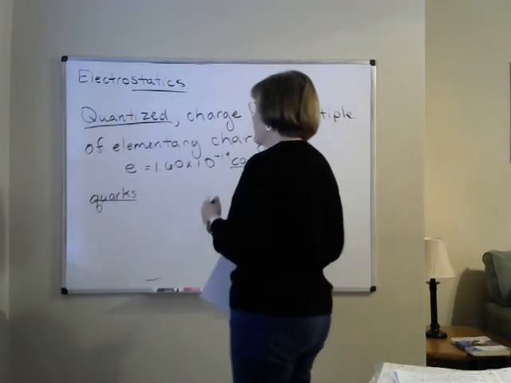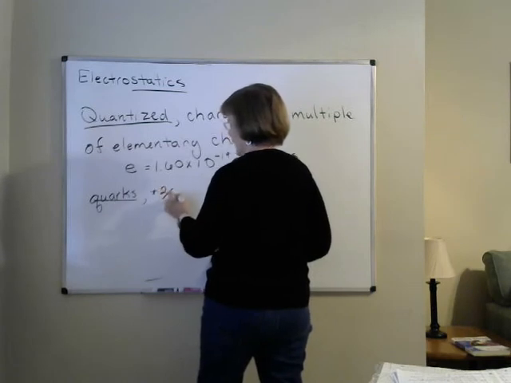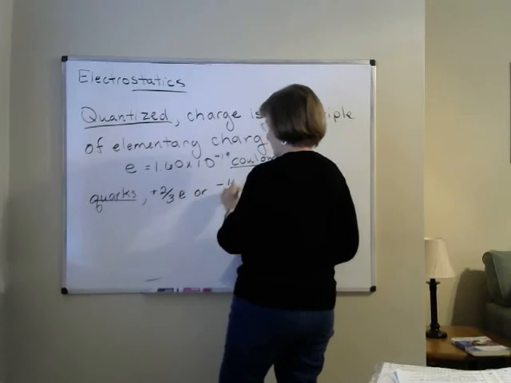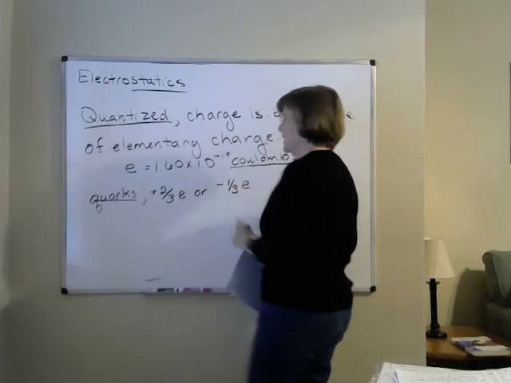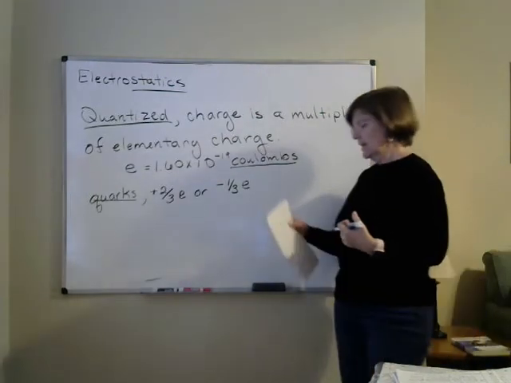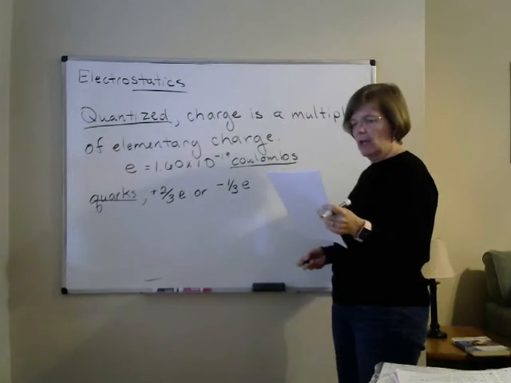We know that quarks have charges of plus 2/3 E or minus 1/3 E. So we now actually know the smallest charge would be that of 1/3 of the elementary charge.